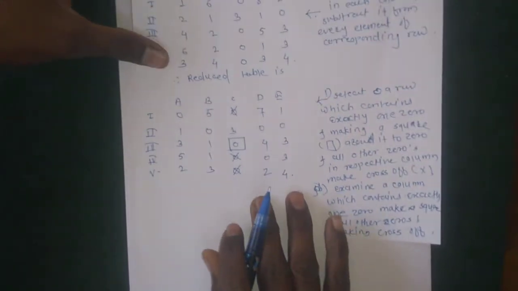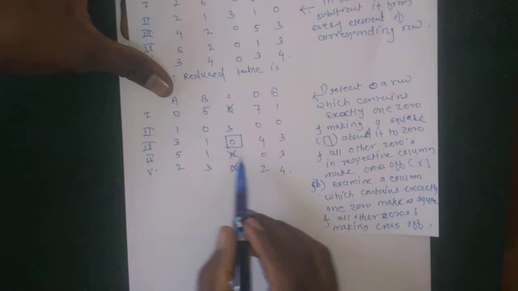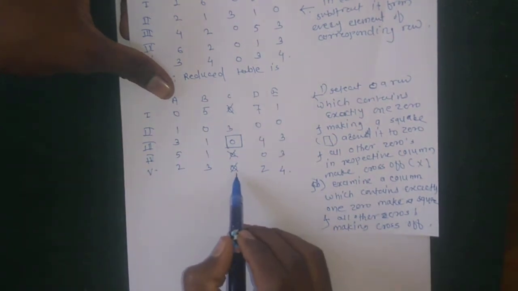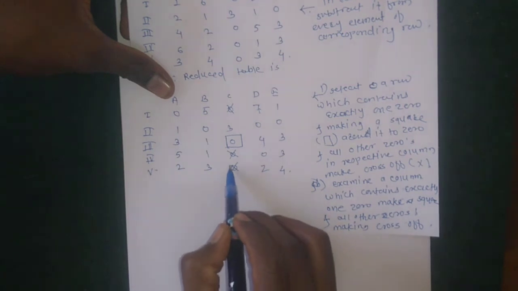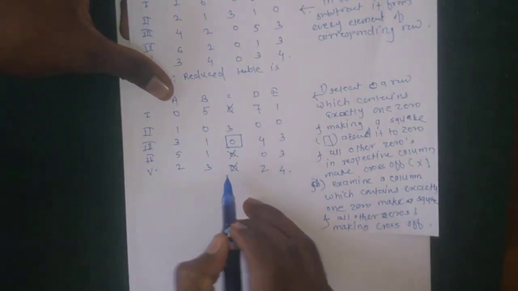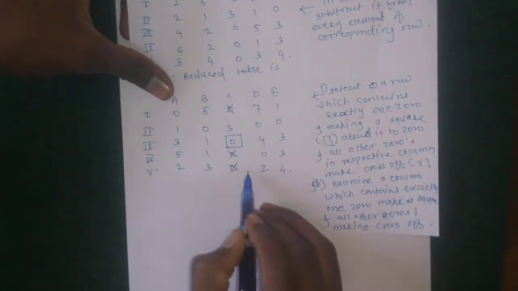Okay, so here the fourth and fifth columns contain exactly one zero, but since the third column was made a square and the others are crossed, this is not possible.